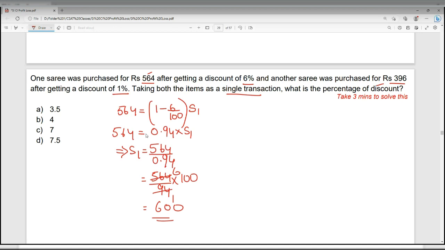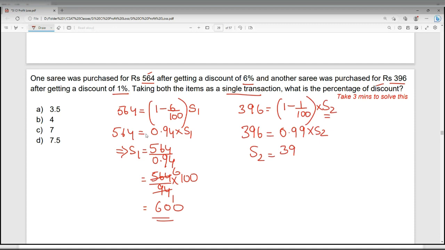Then they are saying another sari was purchased for 396 after getting a discount of 1%. So 396 is equal to 1 minus 1 by 100 into S2. This is for the sari 2. And then 396 is equal to 0.99 into S2, and S2 is equal to 396 divided by 99 into 100.